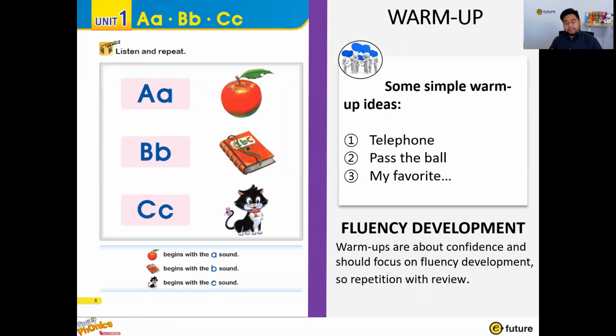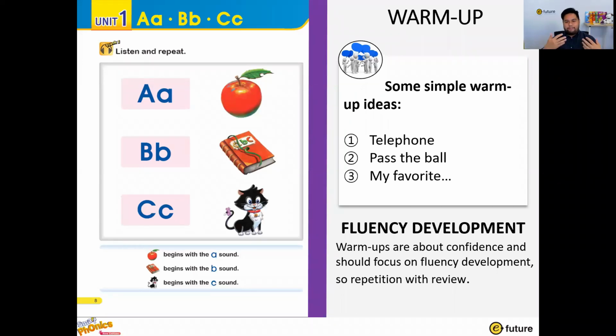Some ideas for warm-up activities that I've done: simple telephone. Again, I talked about including all the students. You can show a flashcard to the first student in the line, and they whisper the word to the next student, and when the last student hears the word, they say it out loud.